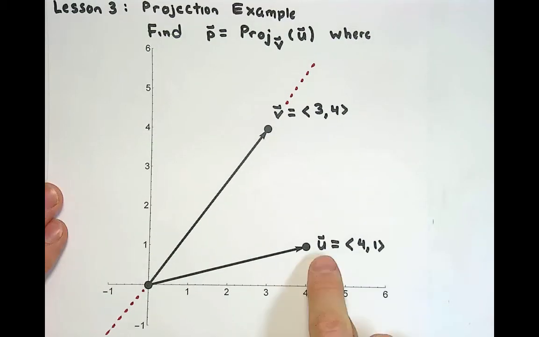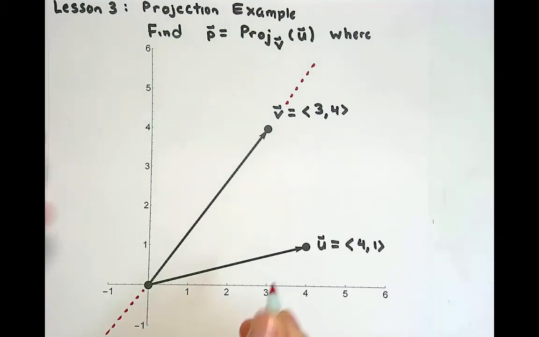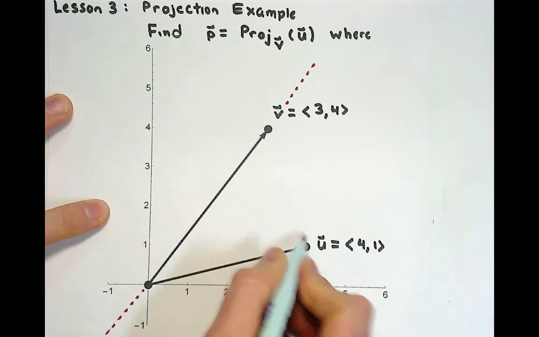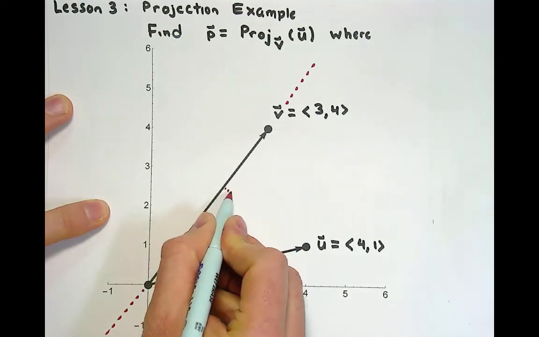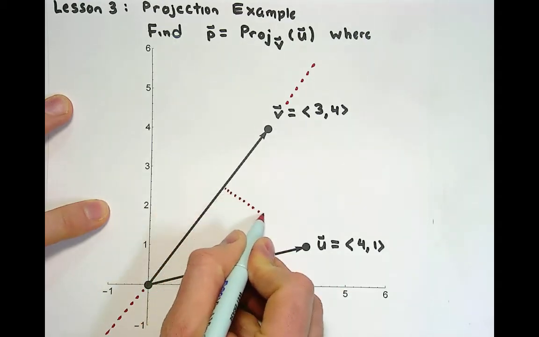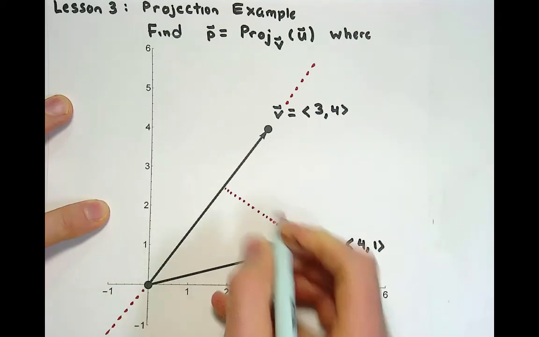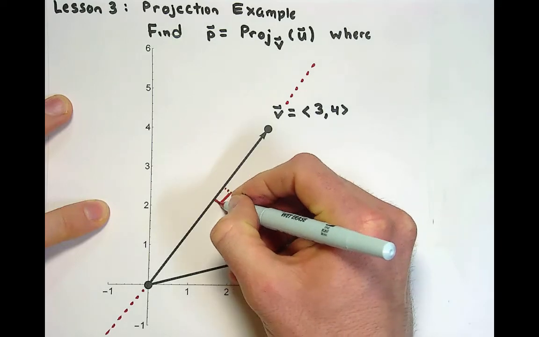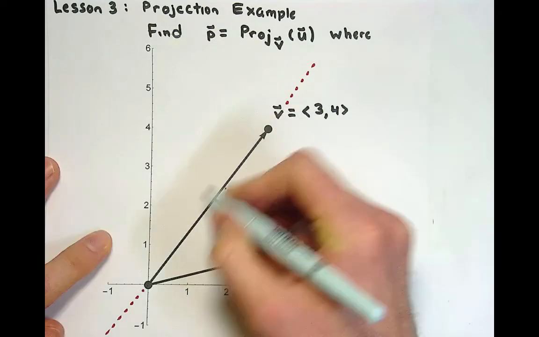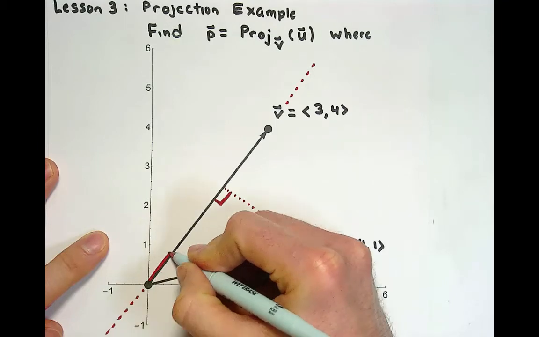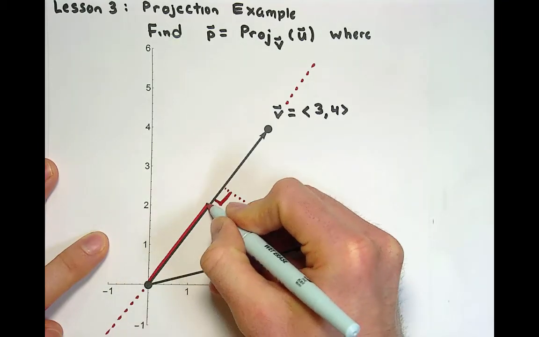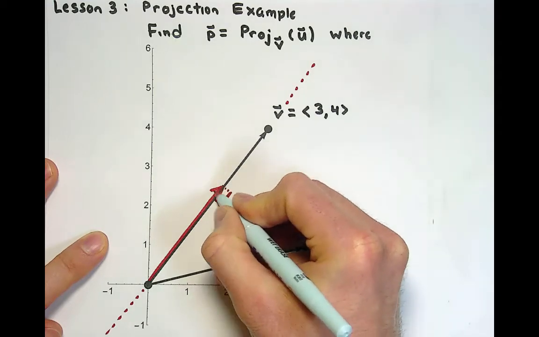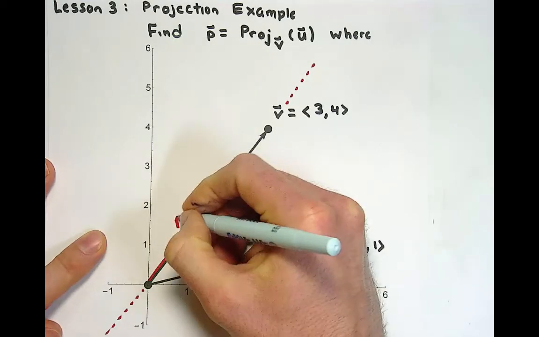The idea of finding the orthogonal projection is to literally force the part of u that we're interested in to be along that line so that this angle is at 90 degrees, and then we call this vector, the one that leads up right to the edge of that little dotted line, the vector p.